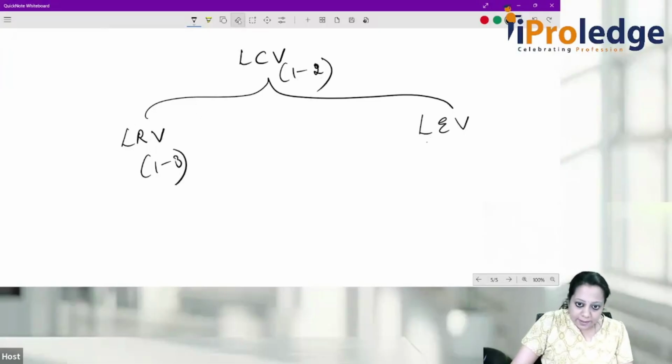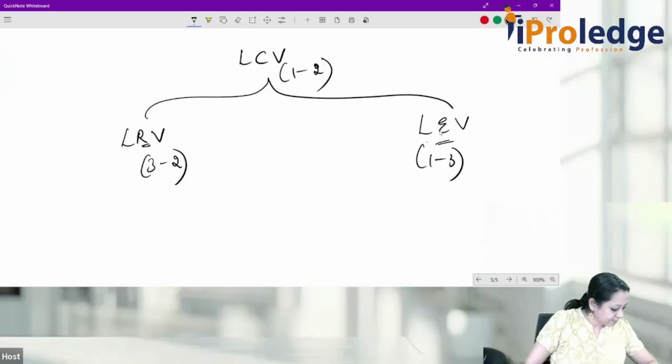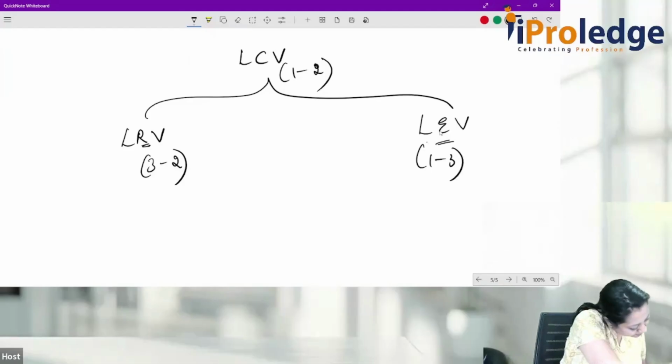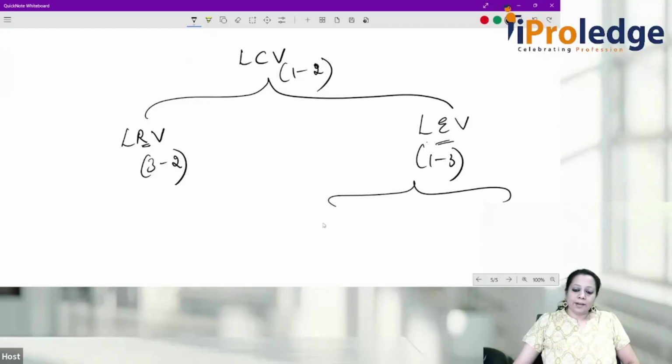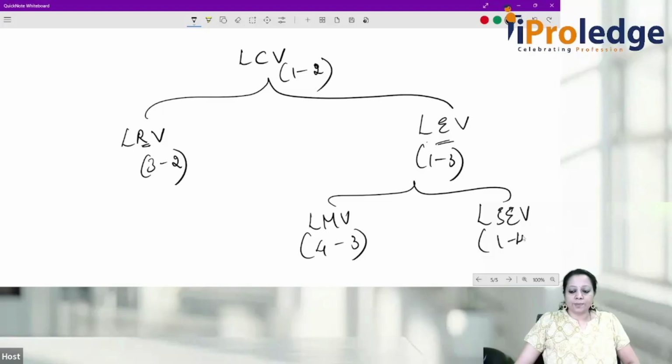Sorry, this is 3 minus 2. Instead of price, we call it rate. Next, instead of usage, it is efficiency. That is 1 minus 3. One more classification is labor mix variance, that is 4 minus 3, and labor sub-efficiency variance, that is 1 minus 4.